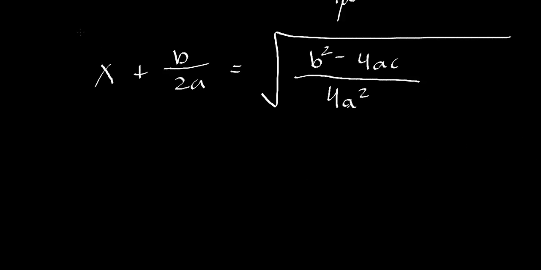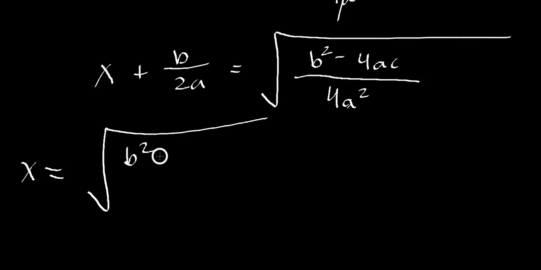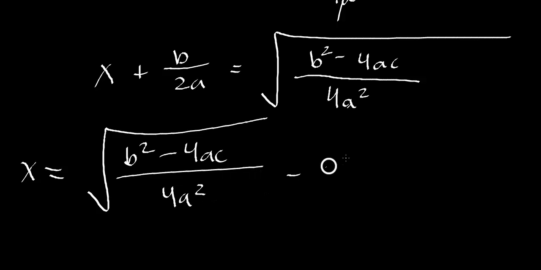Okay, I'm isolating x, so I'm going to move this b over 2a to the side. So I will get the square root of b squared minus 4ac over 4a squared, minus b over 2a. We're almost done.